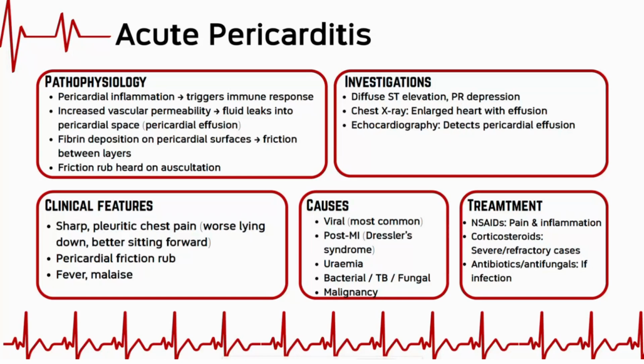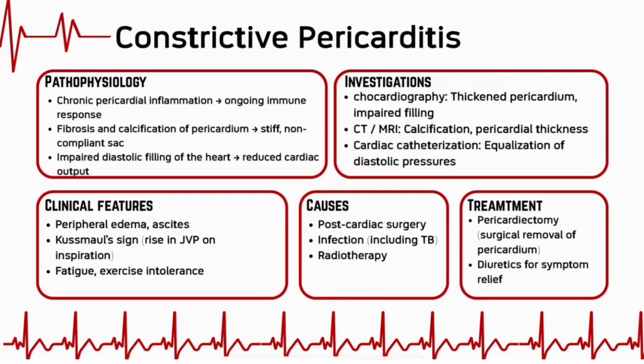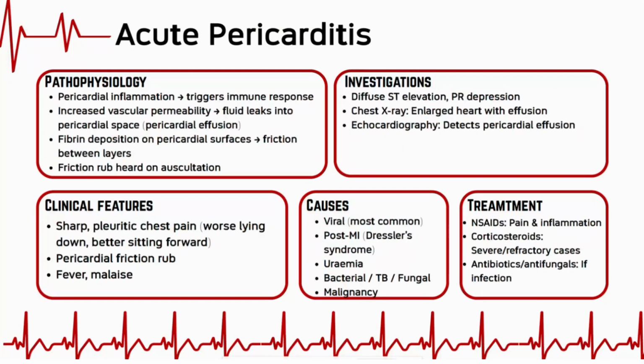And how does it work? It works by reducing uric acid in the body. It's actually a gout treatment. It stops the buildup of uric acid crystals. But it's a very, very good treatment that you can give in acute pericarditis.